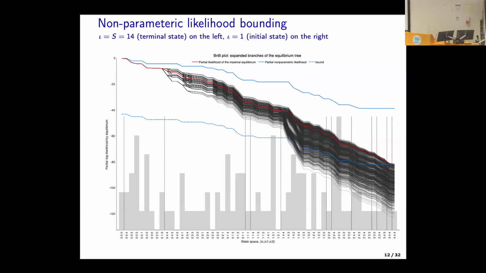Because for the subset of data up to here, the equilibrium which is actually maximum, most likely, did not look like most likely over here. So the red line is not an upper envelope of this whole collection. We have to do branch and bound. We have to do the work to find the actual maximum.